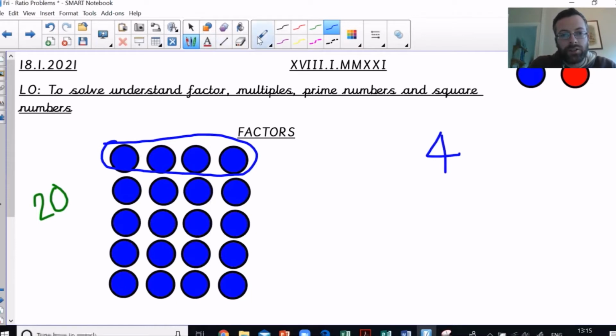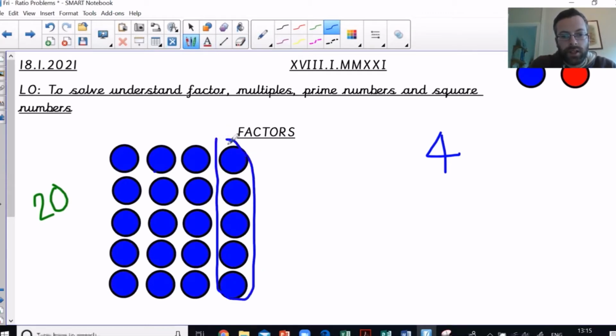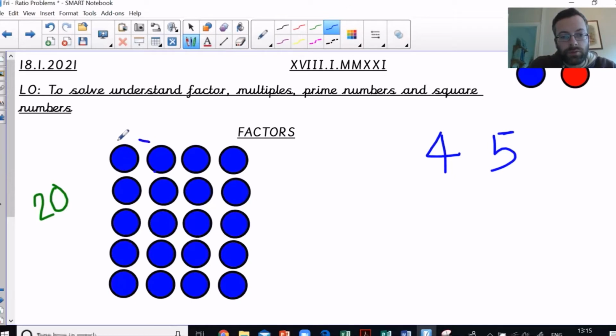I could divide it by 5s. Okay, so I've got a row of 5, row of 5, row of 5, row of 5. So a factor of 20 is 5. I could divide it by 2s.